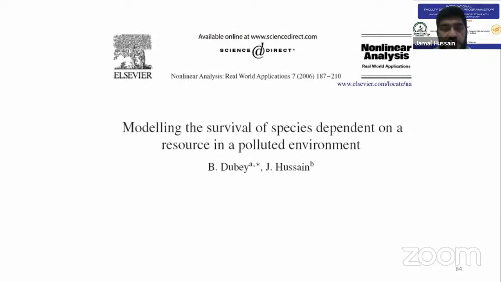And another model is modeling the survival of species dependent on a resource in a polluted environment. Here there is a single species, I think, and it depends on resource biomass, and it is in a polluted environment.